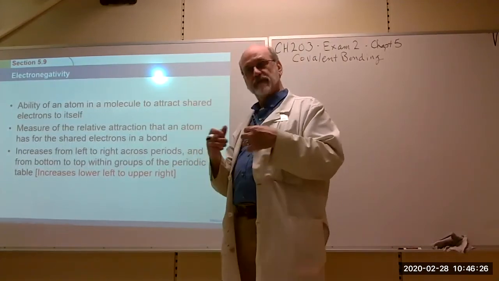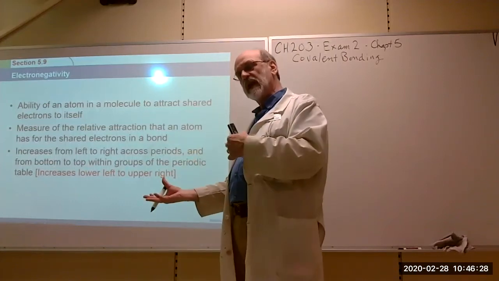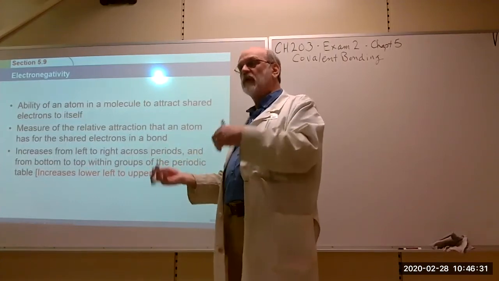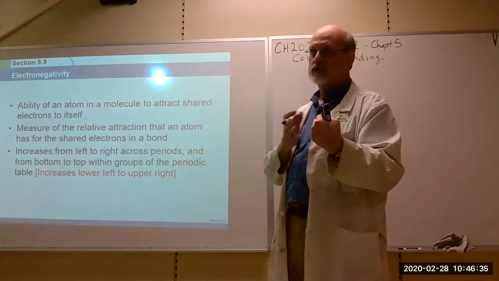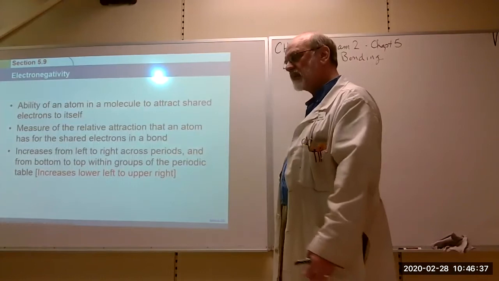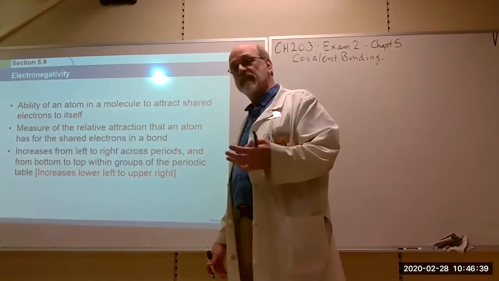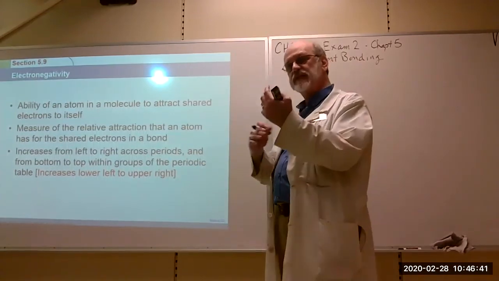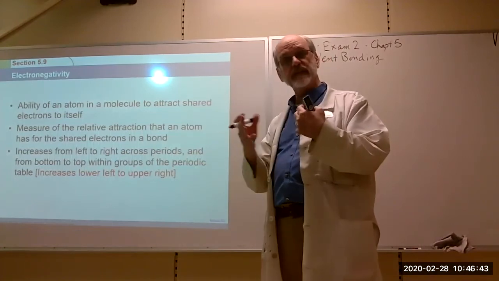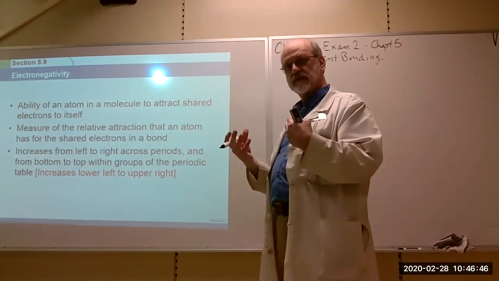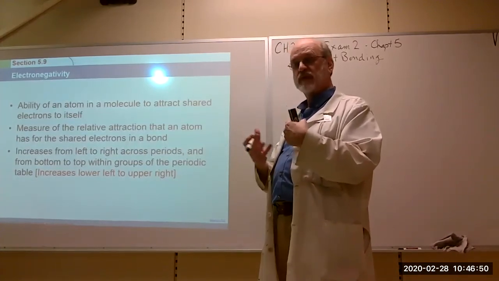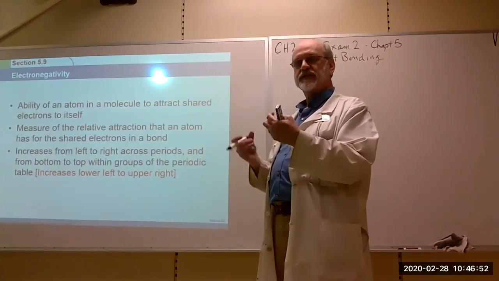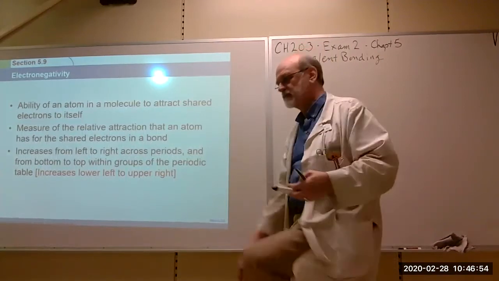If one is a metal, one is a non-metal, then one will win and attract electrons, and the other one will lose. But if they're both non-metals, then you can still have a slight difference in electronegativity or the pull on electrons. And that's where the polarity of the bonds comes from. The one that pulls the strongest gets the slight negative charge.